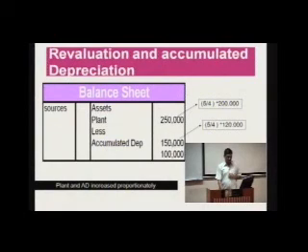I make a change in the value of the accumulated depreciation on the basis of the revalued to the old cost, which in this case is 5 by 4 times of the cost and 5 by 4 times of the accumulated depreciation. As a result, once again I can show the value of the asset on the balance sheet at 100,000.